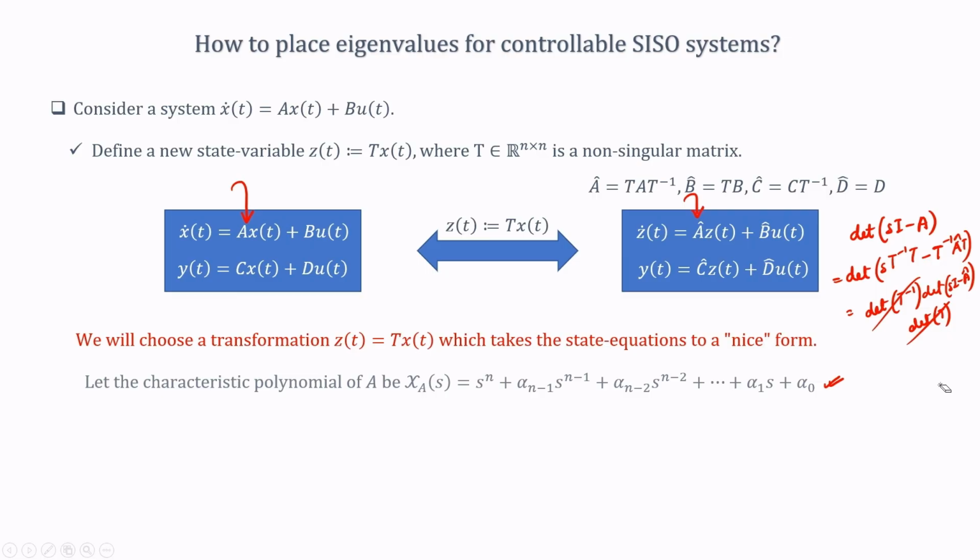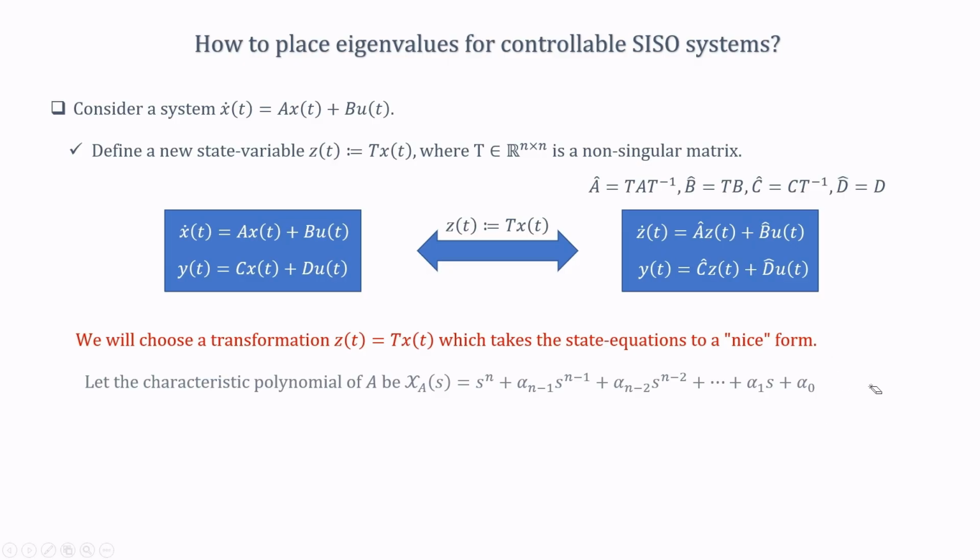So, I will be left with determinant of sI minus A hat. So, the eigenvalues of the matrix A and of the matrix A hat are the same. In other words, their characteristic polynomials are the same. So, let us say that the characteristic polynomial of A is this.